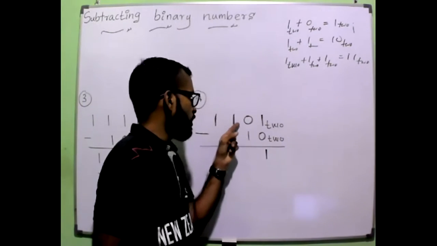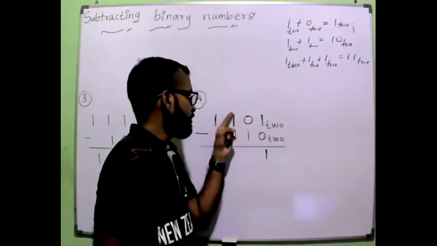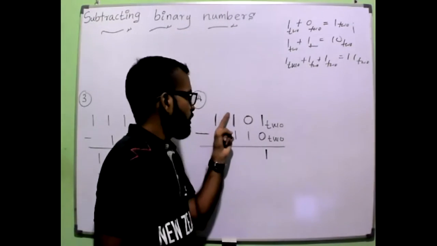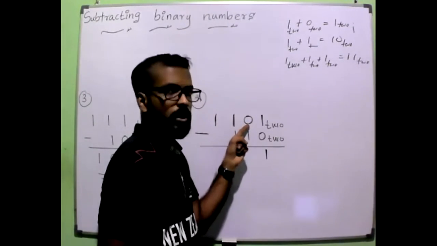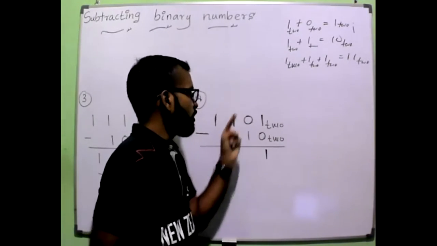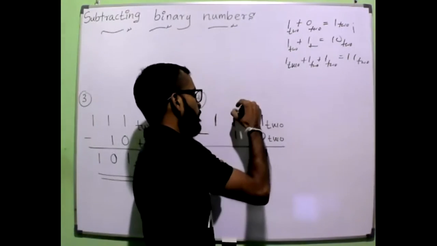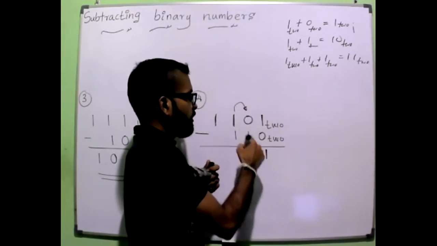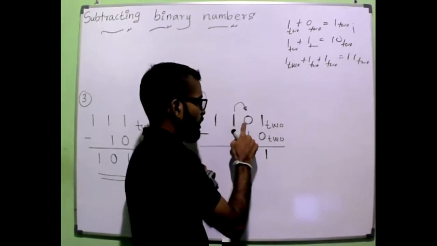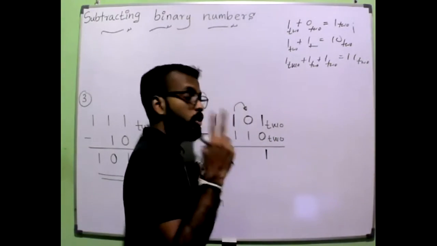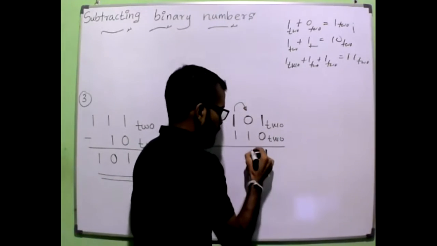Here you have 1. Take this 1 to your right hand side, to this 0th place. Then it becomes 2. 2 minus 1, 1.